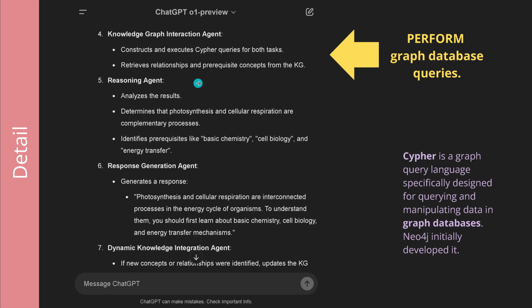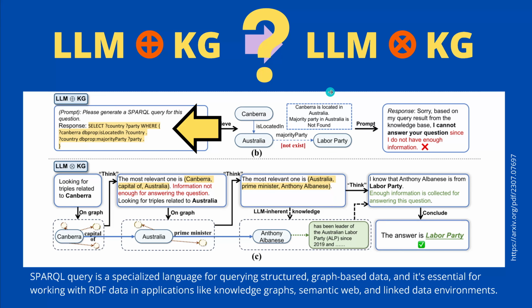But you see, it is interesting that we just have a graph database query. But where do the relationship and the prerequisite concepts from the knowledge graph come from for the LLM to understand and integrate? Because where we are is more or less here, no? We have an LLM plus a knowledge graph, and we have a SPARQL query or a Cypher query or whatever you have.